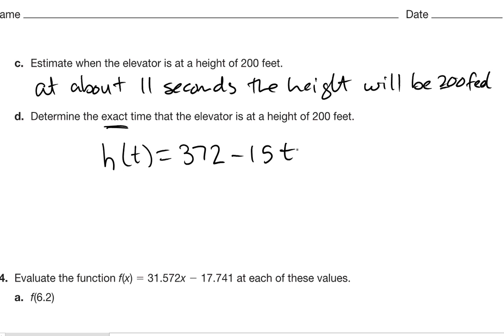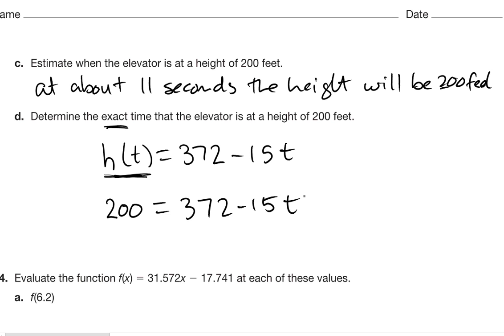And we want to know when the height is 200. So I'm going to put this in. I'm going to say, hey, 200 is my height. My height equals my height. Look, this is crazy. What I'm saying here is my height equals my height, because this function gives me height. And this is the height I want. So the height equals the height. 200 equals, when is 200 the height of this function?